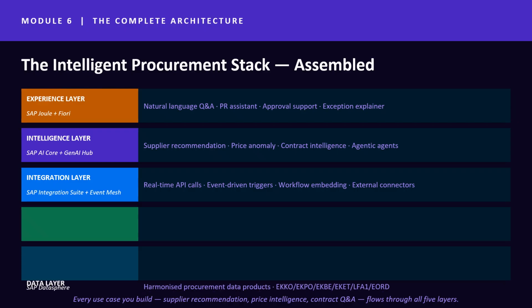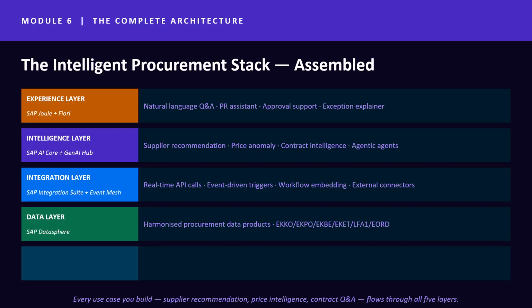Data layer, SAP DataSphere: harmonize procurement data products from EKKO, EKPO, EKBE, EKET, LFA1, EORD. Source layer, SAP S4HANA Clean Core: standard procurement transactions, standard APIs, no modifications. Every use case you build flows through all 5 layers. This is the architecture you can draw on a whiteboard for any client or in any interview.